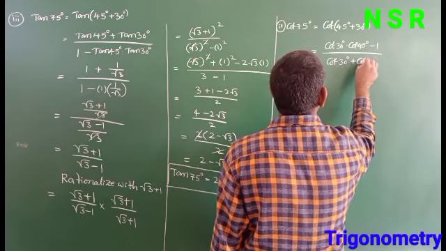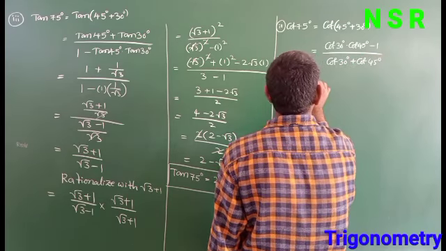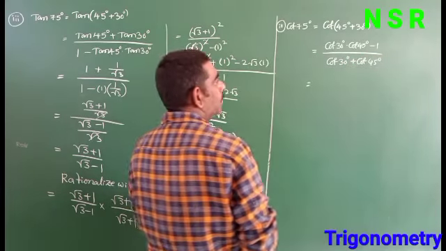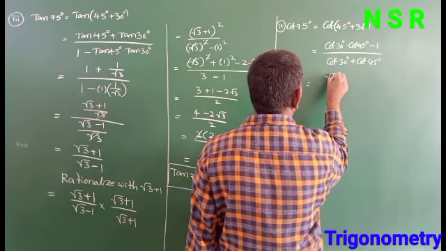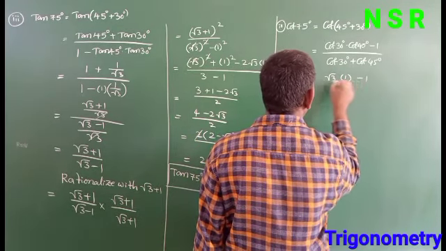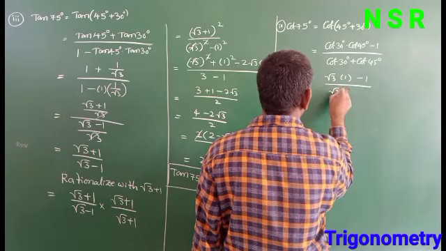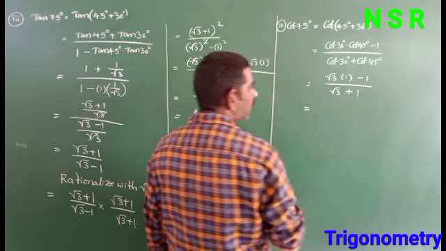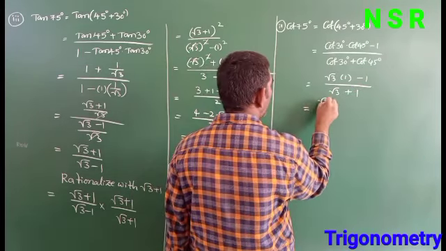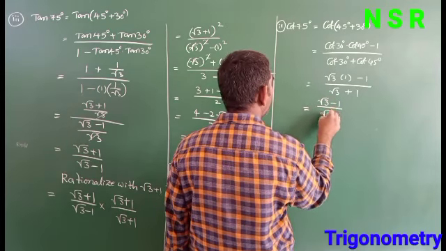Here B value is 30, A value is 45. So cot 30 value is root 3, into cot 45 which is 1, minus 1, by root 3 plus 1. Now root 3 into 1 is root 3, so (root 3 minus 1) by (root 3 plus 1).